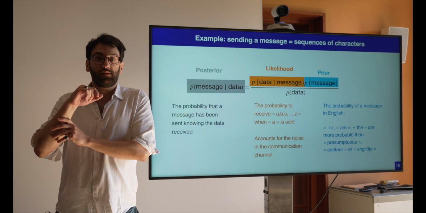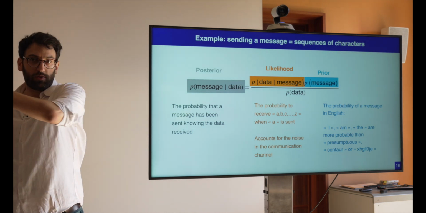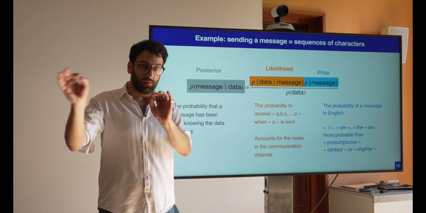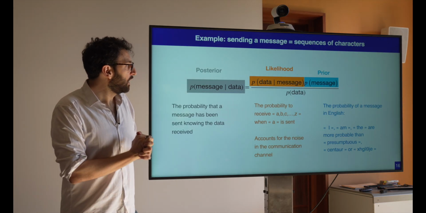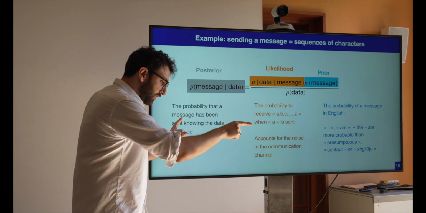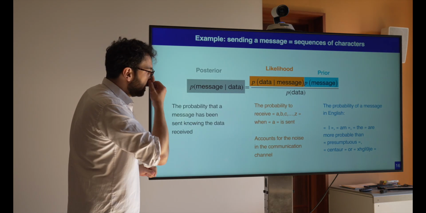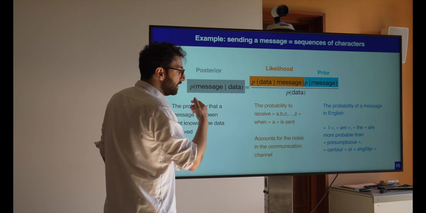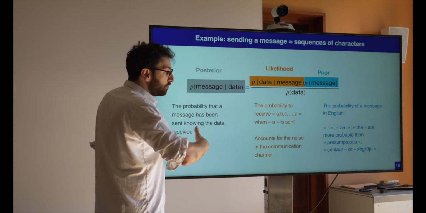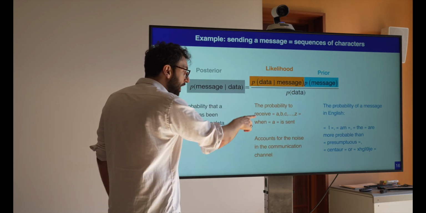Here we don't know anything about the precise message that has been sent to us. Now the message goes through a communication channel which is noisy. So here we are going to have the probability to receive A, but also B, C, and so on, when A is sent.